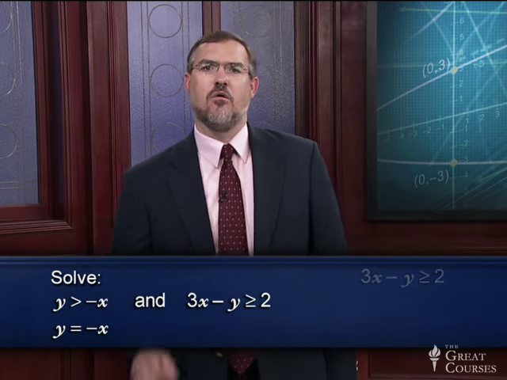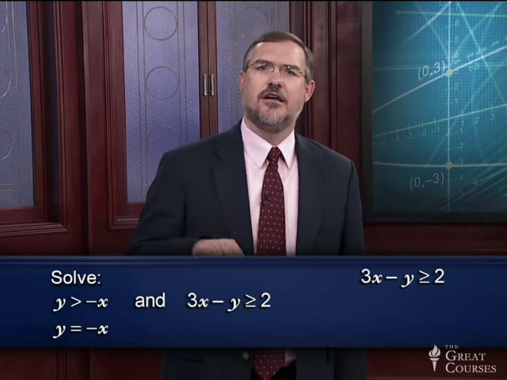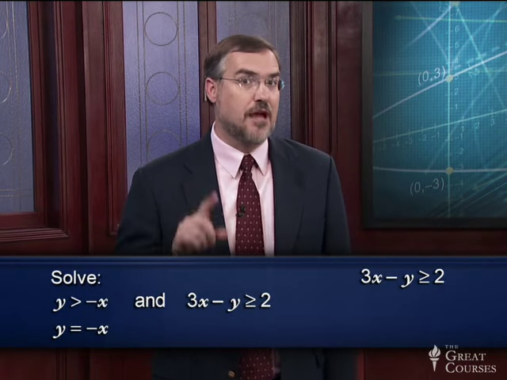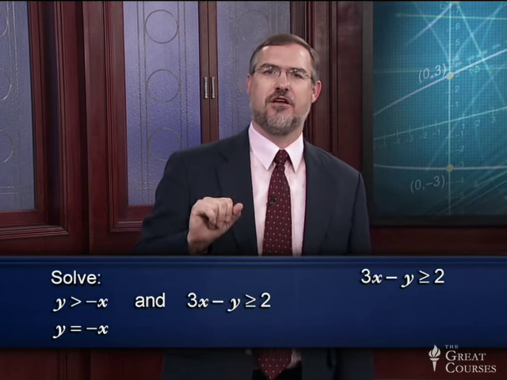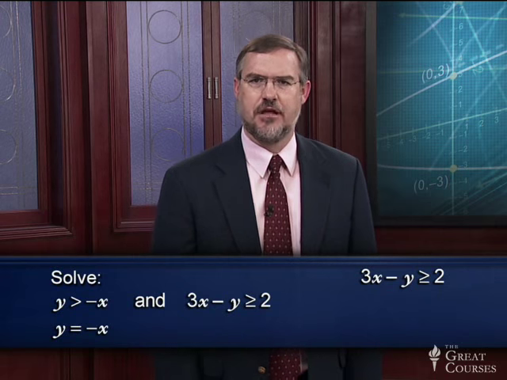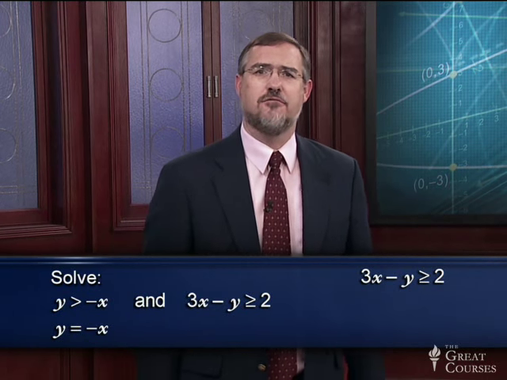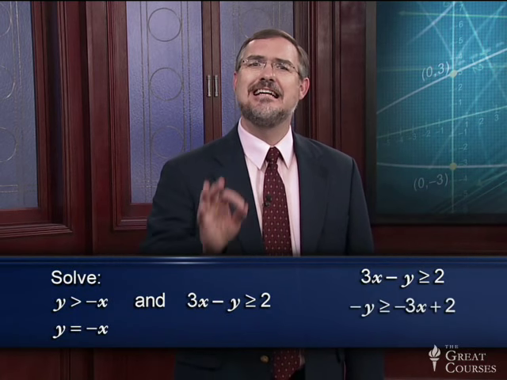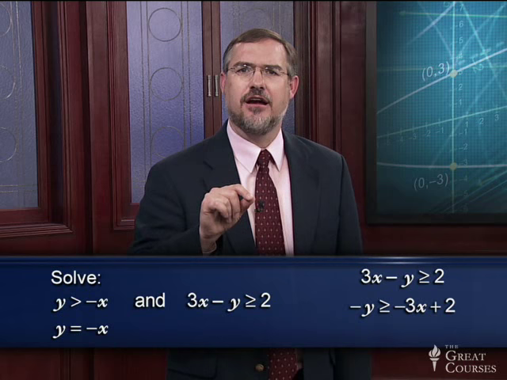So that inequality was 3x minus y is greater than or equal to 2. I referred to that as an equation. It's not an equation, by the way, it's an inequality. 3x minus y is greater than or equal to 2. If I subtract 3x from both sides, I get negative y is greater than or equal to negative 3x plus 2.